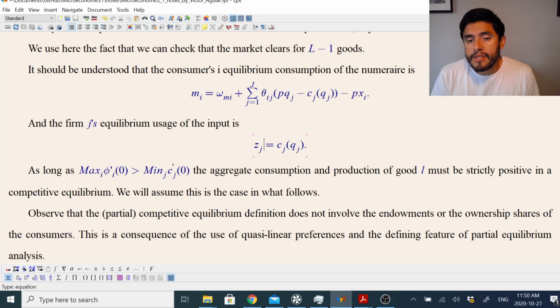And so besides these conditions on the derivatives, due to continuity, it's more important that I define that the max over all individuals of the marginal utility of each individual i, evaluated at consumption 0, is strictly greater than the minimum of the marginal cost evaluated at quantity 0 over all firms.